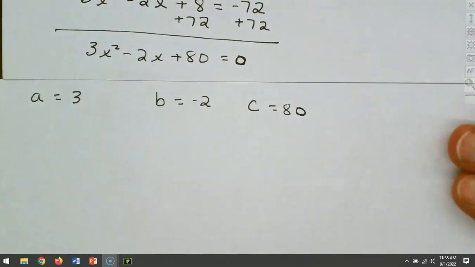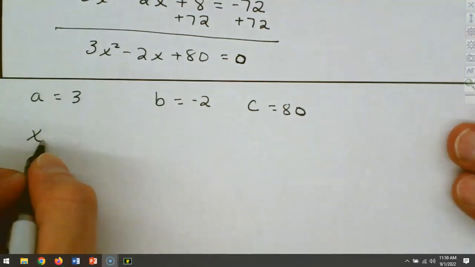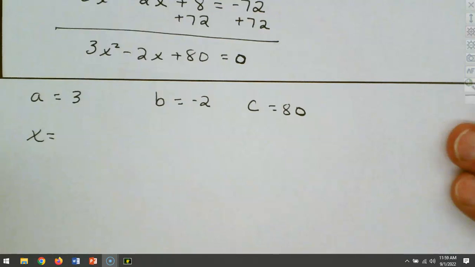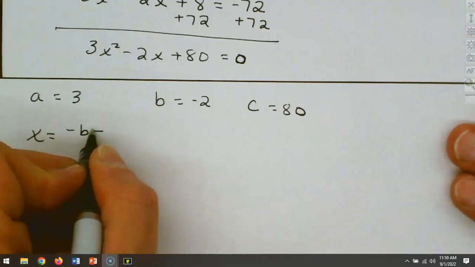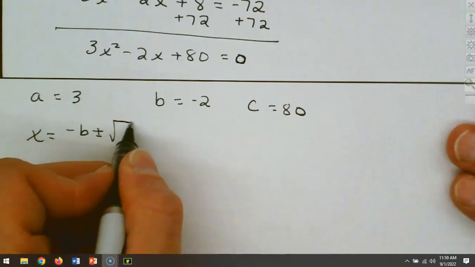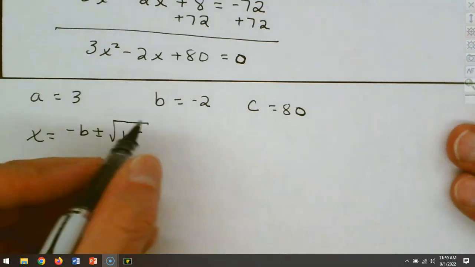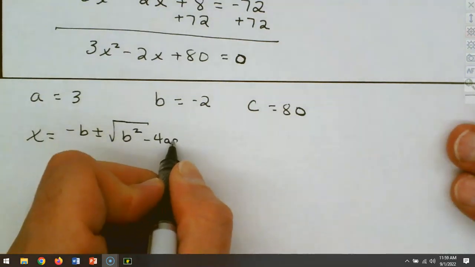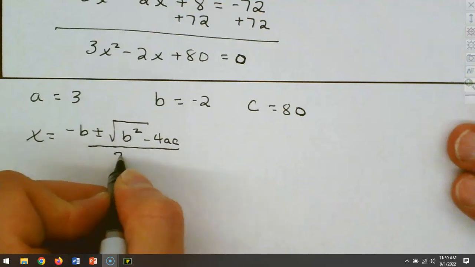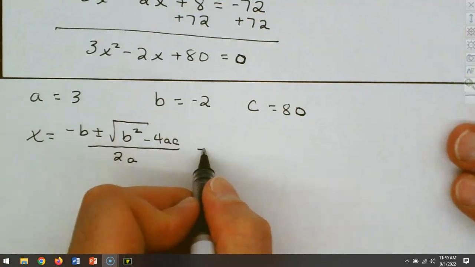Okay, so what do we apply? We apply our quadratic formula. So x equals negative b plus or minus the square root of b squared minus 4ac, all over 2a. And then we plug our values in.